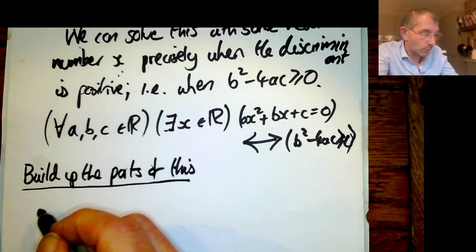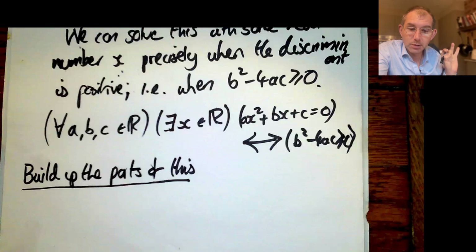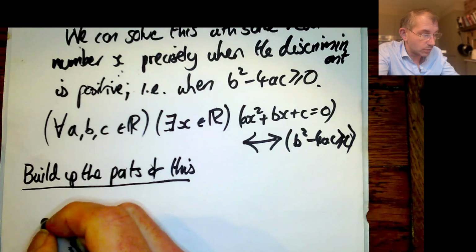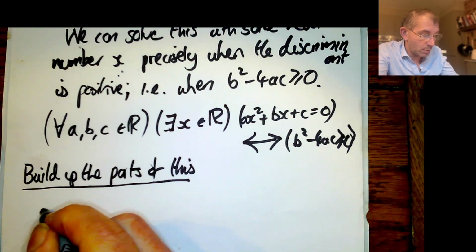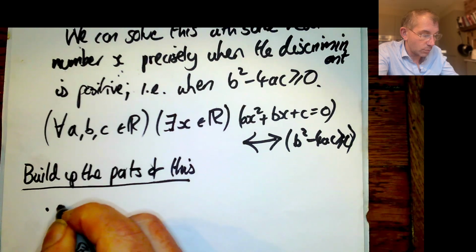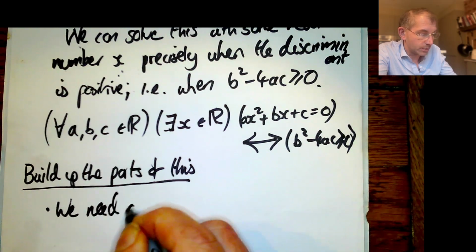So one thing that you need when you are coming up with a theory that you can work with is constants. You don't have to have constants, but in almost all cases you're going to want them. So we need constants.